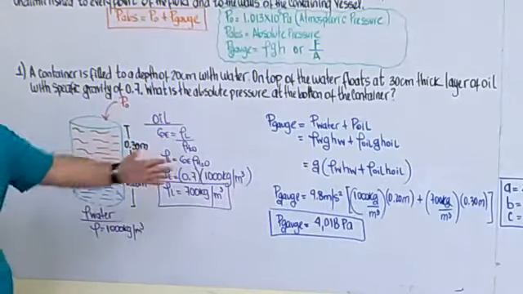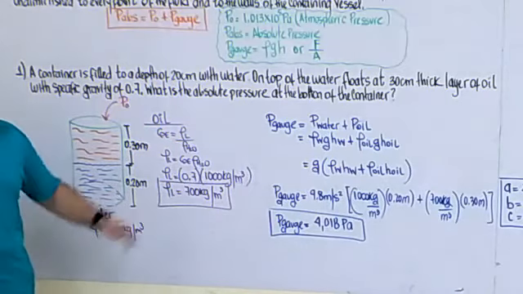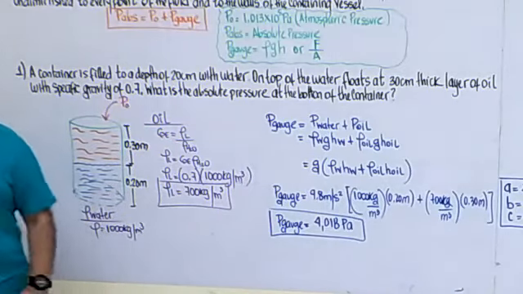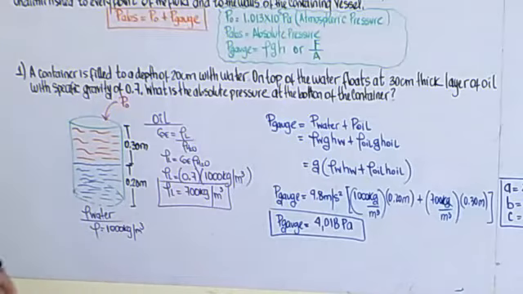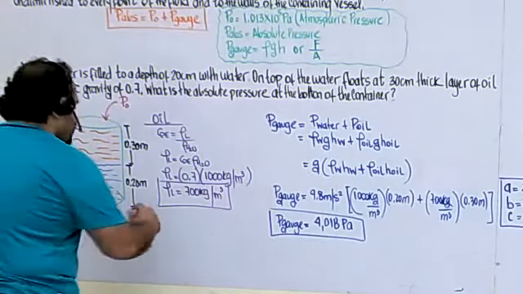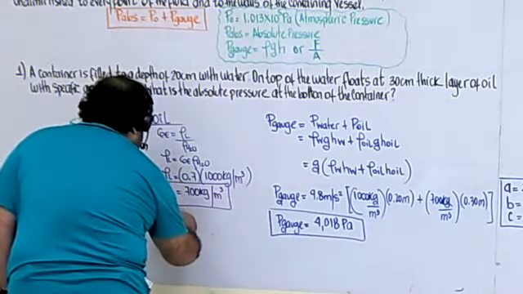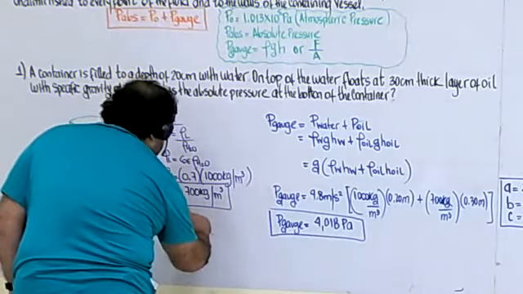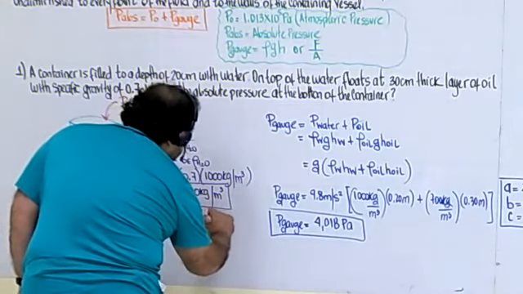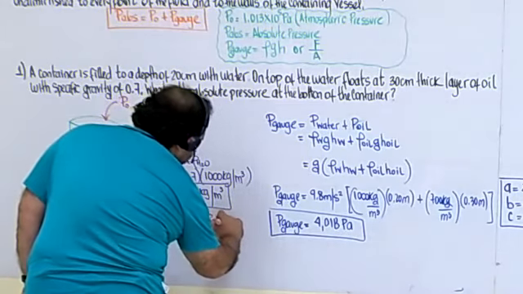Now, because we have the gauge pressure, finally we can find the absolute pressure. The absolute pressure will be P0 plus gauge pressure.